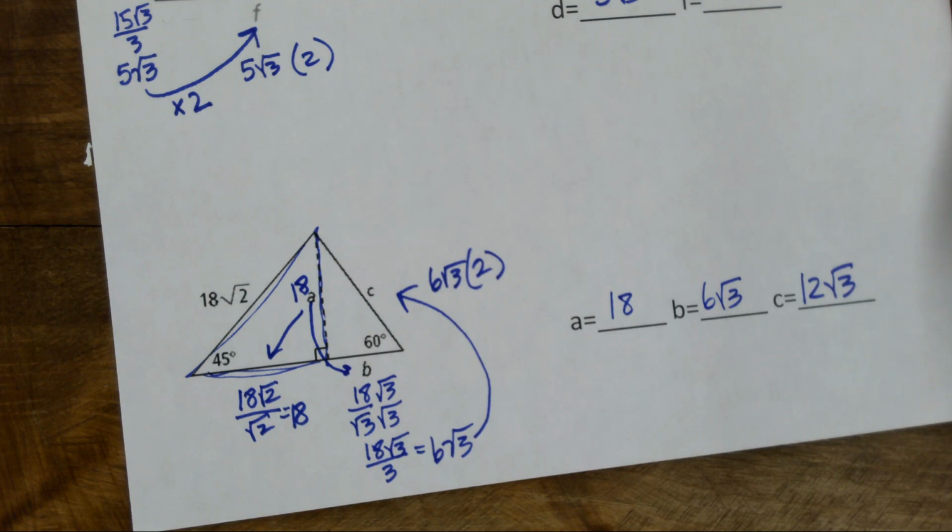No pressure, just take your time. 3. So this is 2 times 3, what's 2 times 3? 6. So it's 6 over 3, which can also be simplified. 2. Just 2. So there's your x.